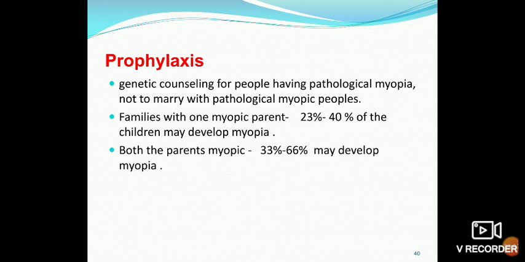When both the parents are myopic, this chance increases to 33 to 66%. That's why it is always advisable for these patients not to marry a person having pathological myopia. And if both the parents have pathological myopia, the chances of children being born with pathological myopia will be more. This is another method.